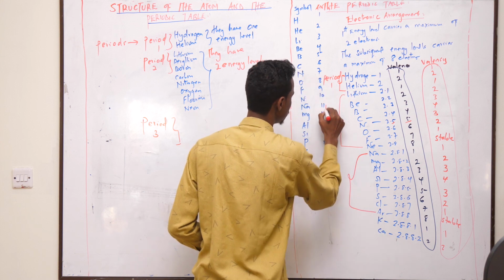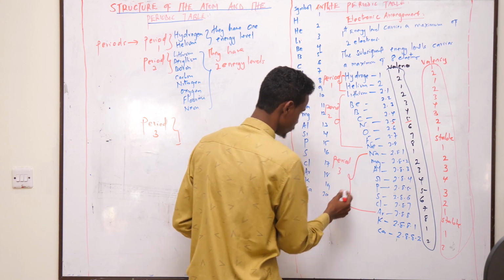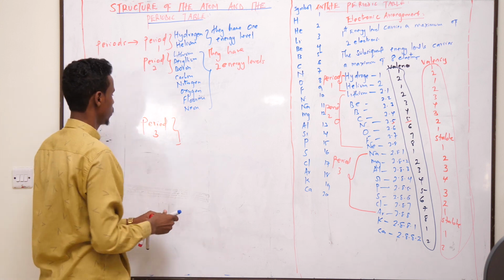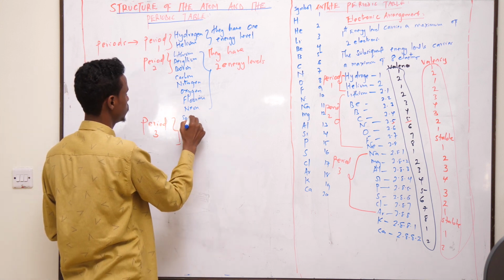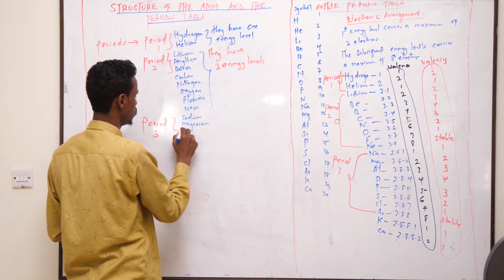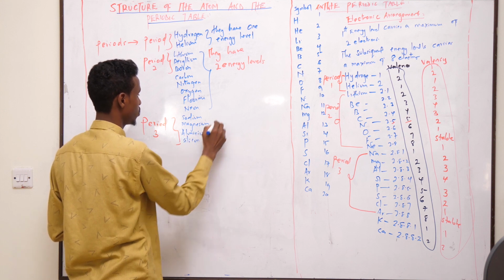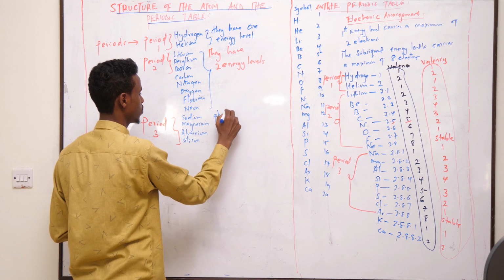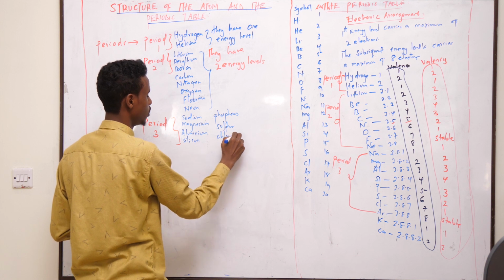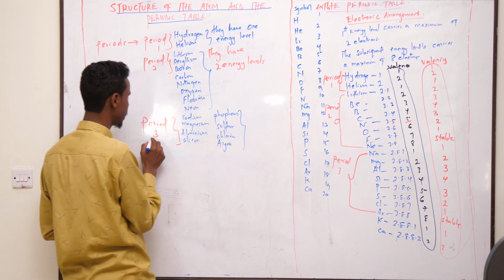Sodium, magnesium, aluminium, silicon, phosphorus, sulfur, chlorine, argon. These ones are in which period?